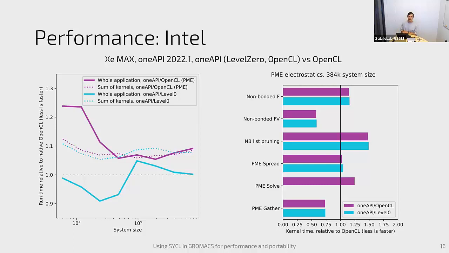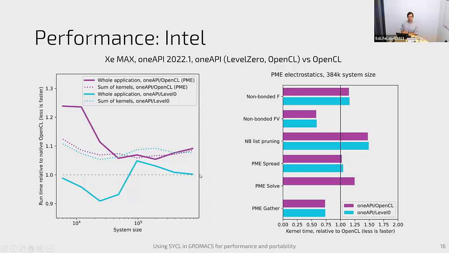As expected, it didn't have any noticeable impact on individual kernels. It's mostly the way those kernels are scheduled. The kernel code is the same in both cases. But we do see some differences in the application performance.